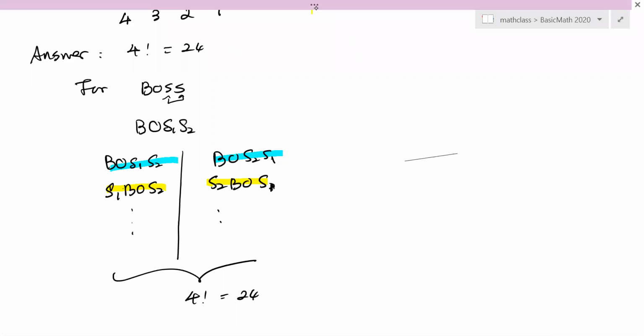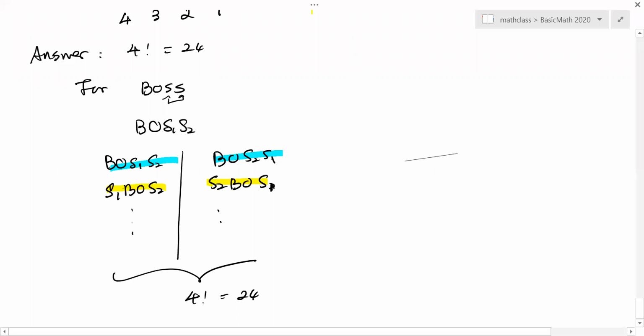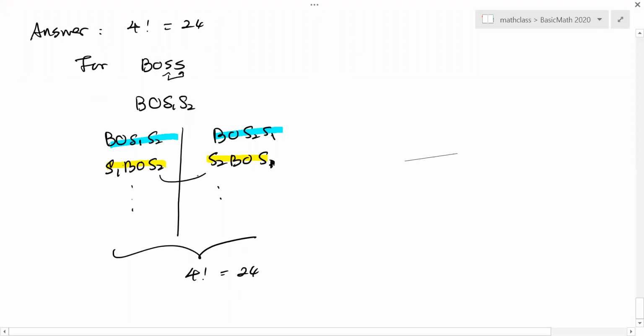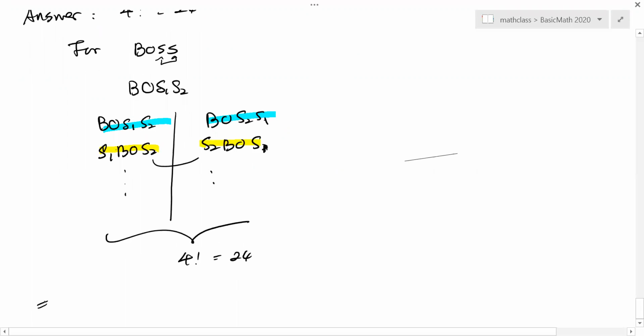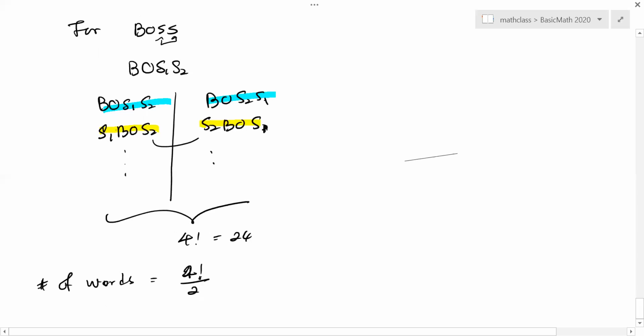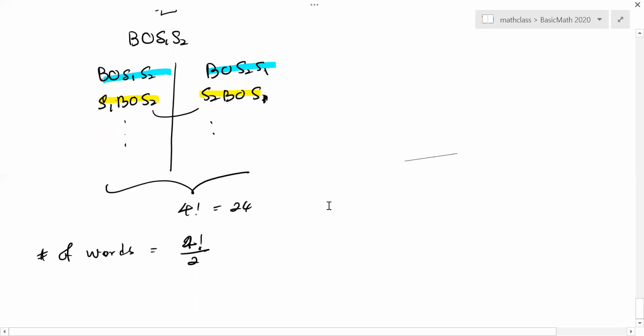The words are identical after you remove the subscripts. That's why the number of words you are going to get is 4 factorial divided by 2. So you only count the column on the left, because the column on the right is identical with the column on the left if you remove the numbers 1 and 2. So that'll be 12.